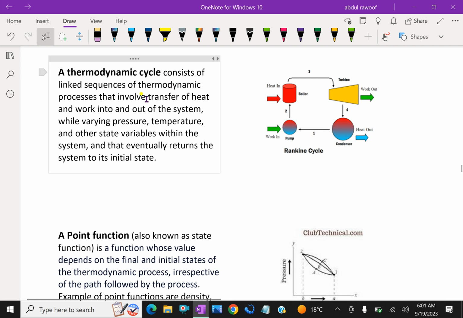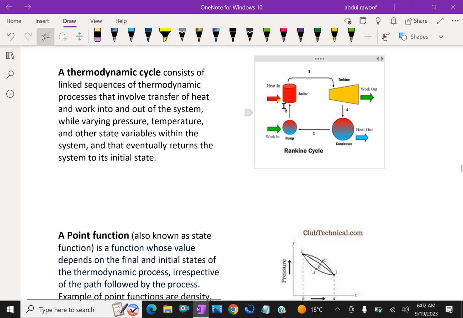A thermodynamic cycle consists of a linked sequence of thermodynamic processes that involves transfer of heat and work into and out of the system, while varying pressure, temperature and other state variables within the system, and that eventually returns the system to its initial state. About thermodynamic states, we'll discuss in detail in future videos.